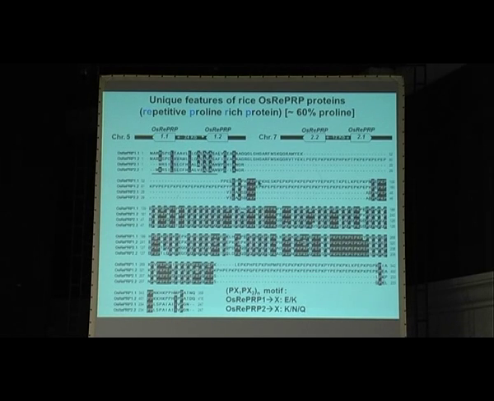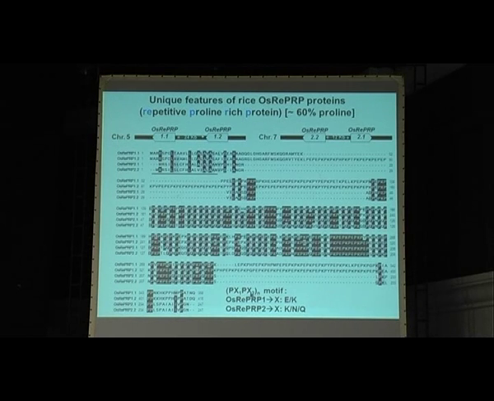So here are the alignments. And you can see there are lots of proline, and also oftentimes prolines come in pairs. So they have the motif shown at the bottom of the slide. They come in as a PX1, PX2 motif.